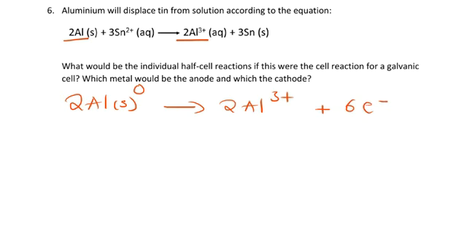Okay, so that is like, if you go back to the actual half cell without the balancing of electrons, it would be just aluminium solid with 3 electrons, but balancing the electrons, we have 6 electrons.